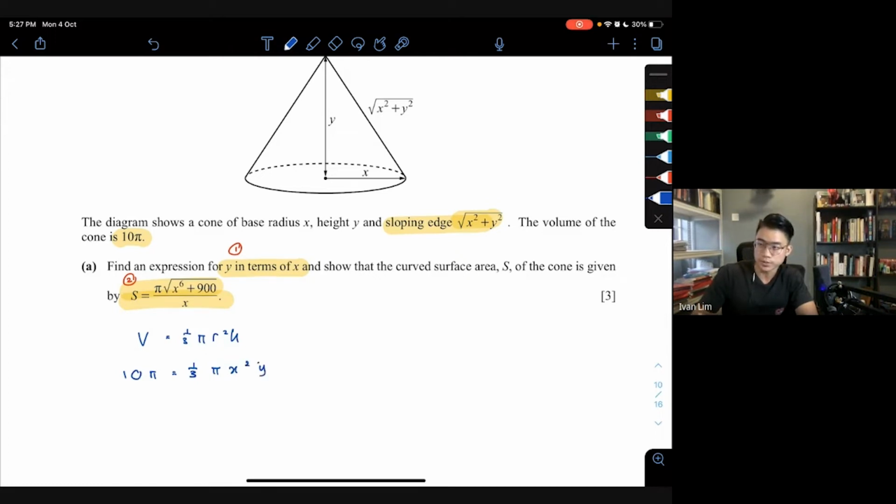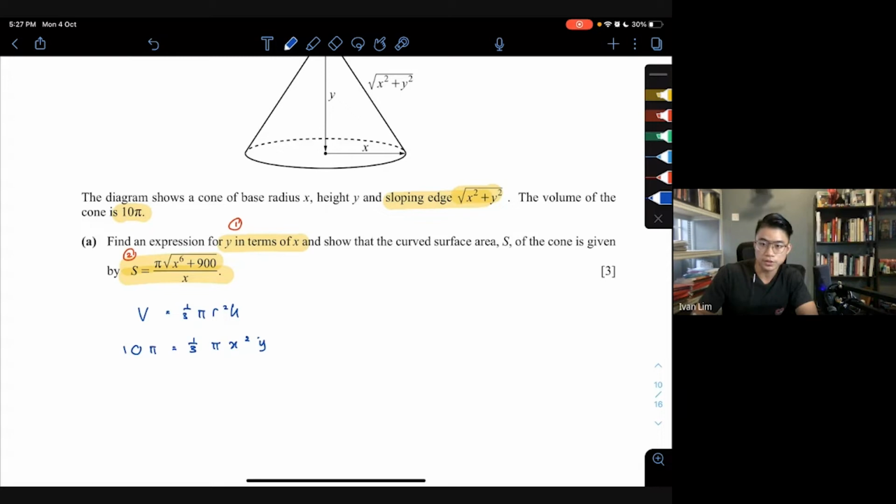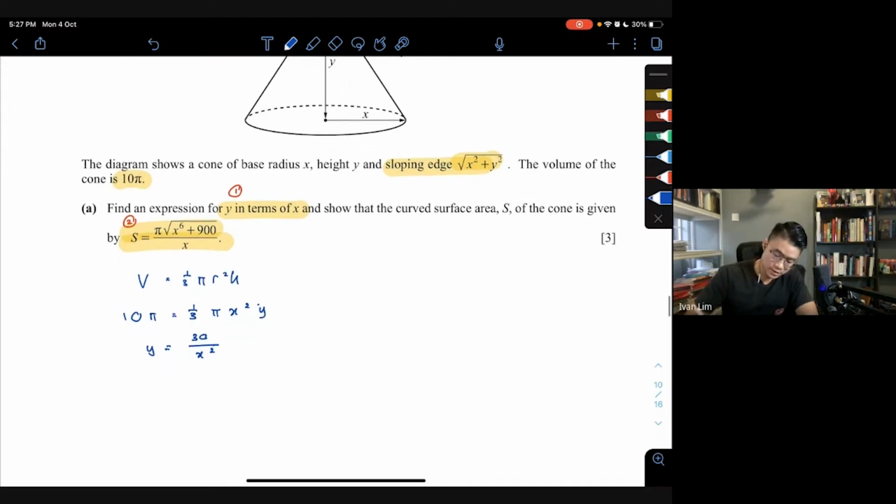We use it in the terms that they give us. So y equals 30 over x squared. That's the first one. Second one, S will be what? S is your surface. Is it surface?